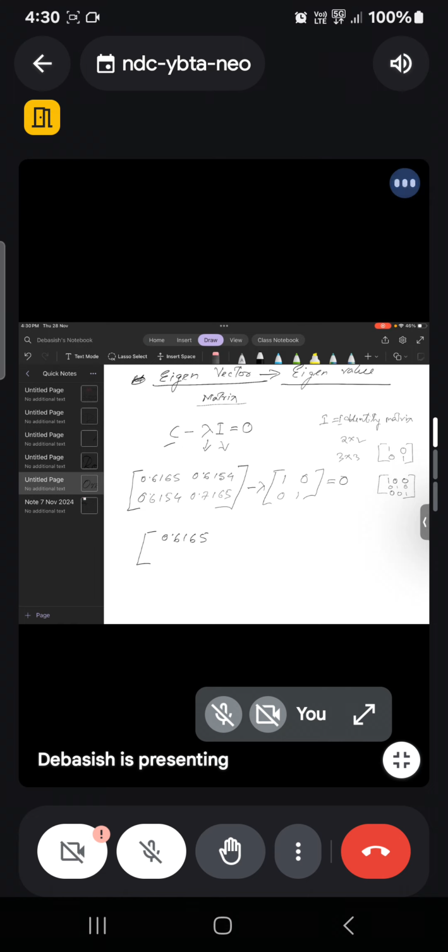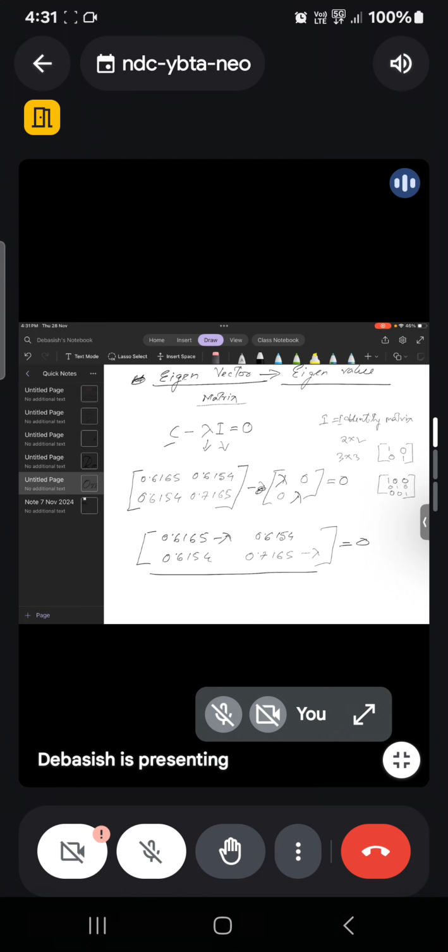First we multiply lambda with the identity matrix, so lambda appears on the diagonal and we subtract it. Did you get my point? We get 0.06165 minus lambda, 0.6154, 0.6154, and 0.7165 minus lambda.